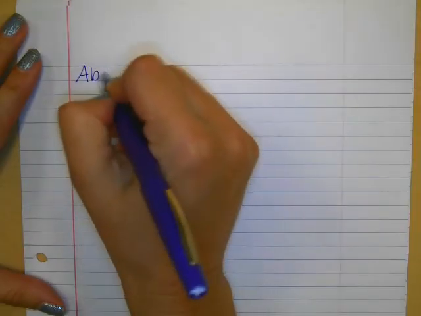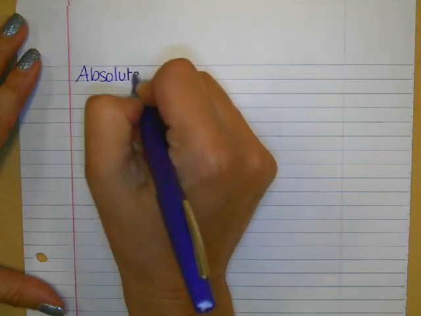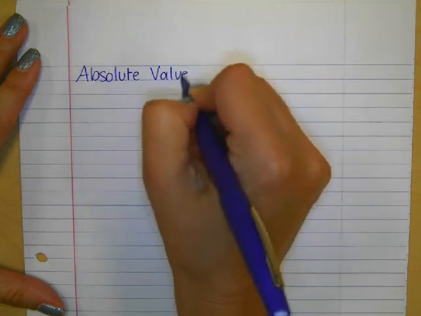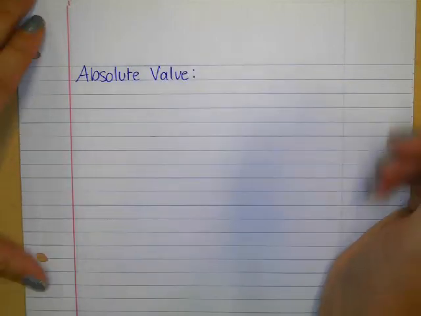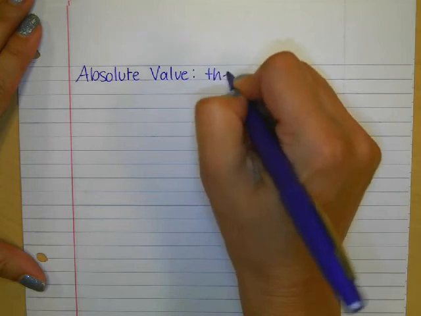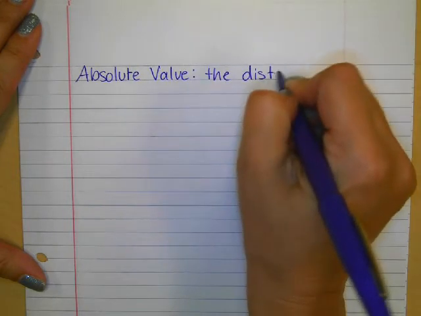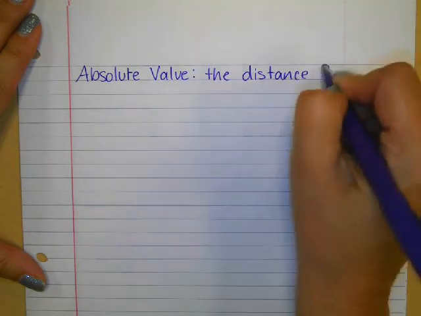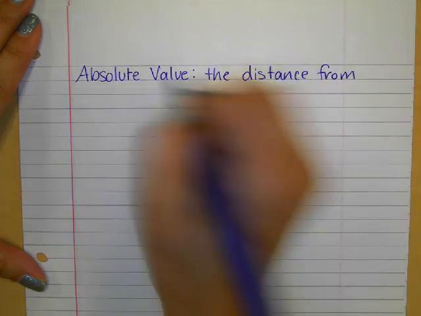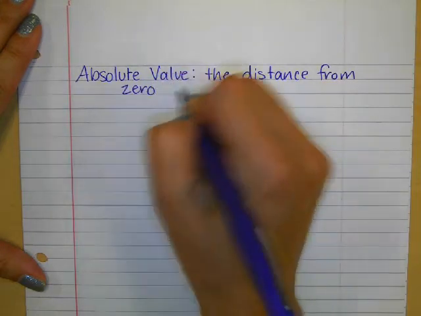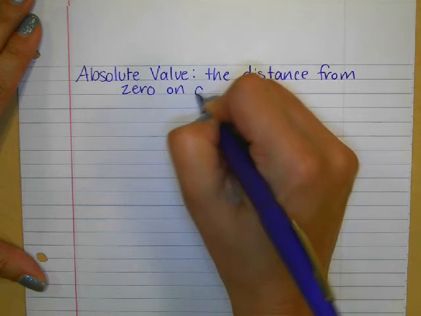So let's go ahead and talk about absolute value and define that. So absolute value, we talked about it being the distance. So it is the distance from 0 on a number line.